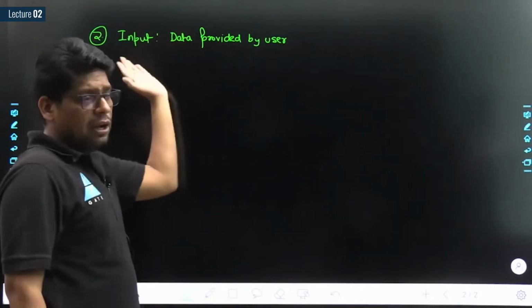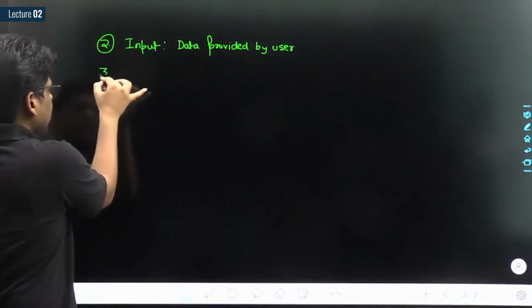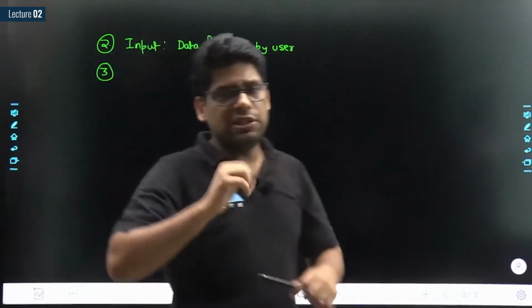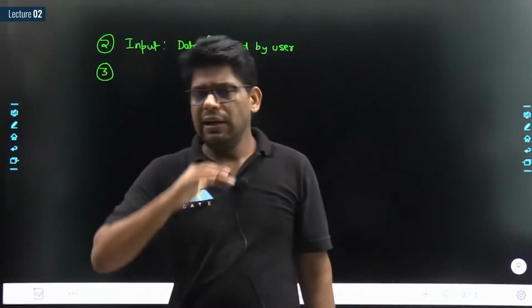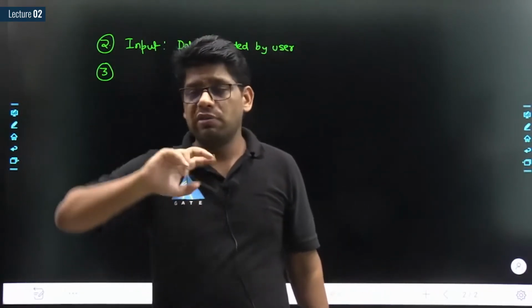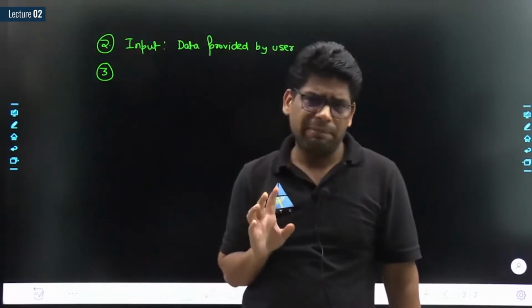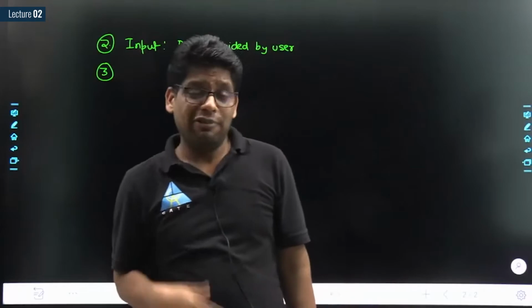I provide my credentials to the ATM machine. Then the ATM machine processes that data, whether it is correct or not, some verification is done on the server side or whatever it is. Don't worry about that. Then after processing, what do I get?